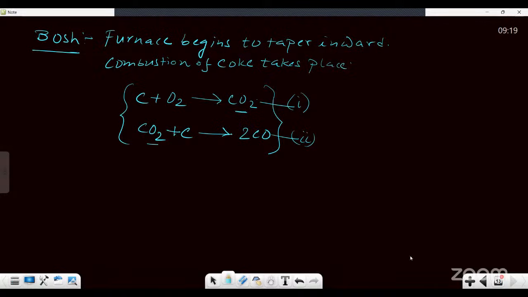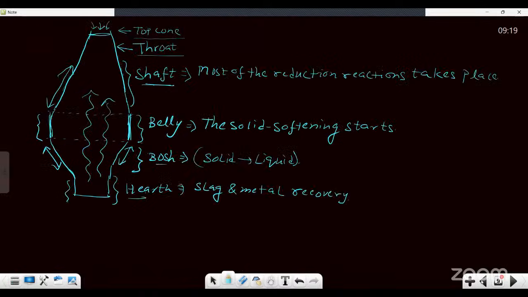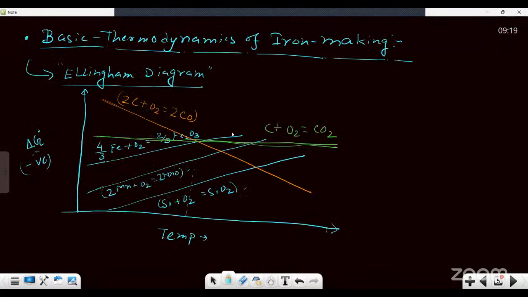Now, what happens when the temperature is quite high? If you look at this Ellingham diagram, why did we give so much time to the Ellingham diagram? Now you will understand it. As the temperature becomes high, the carbon monoxide curve is more stable compared to the carbon dioxide curve. At high temperature, carbon monoxide is more stable because the del G value for carbon monoxide is more negative, which you can see from the Ellingham diagram itself.